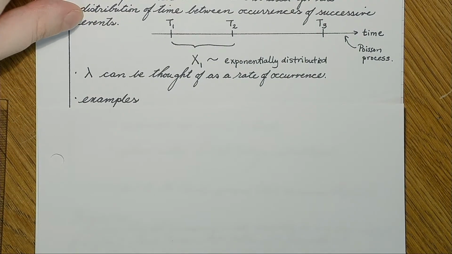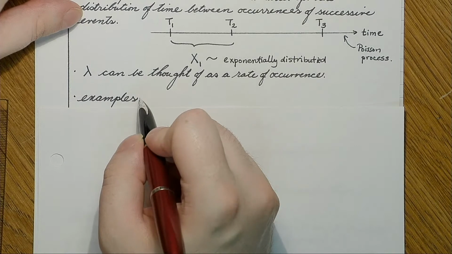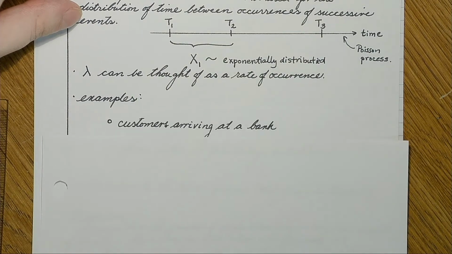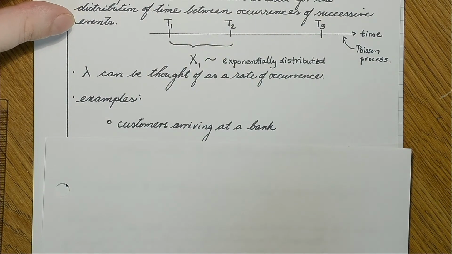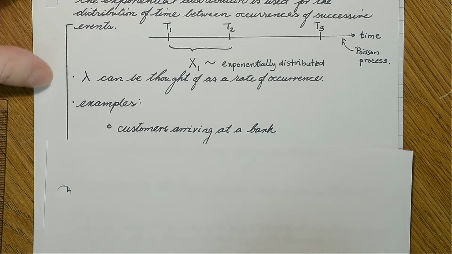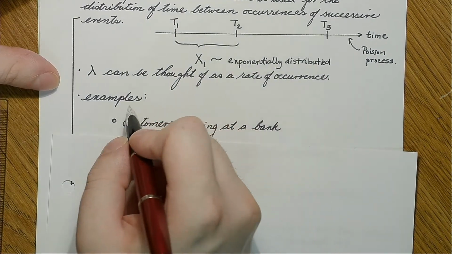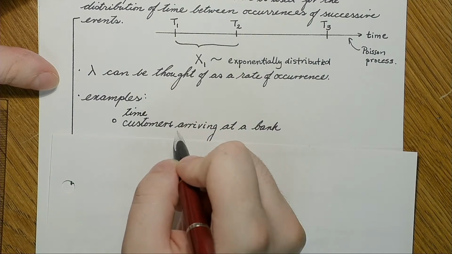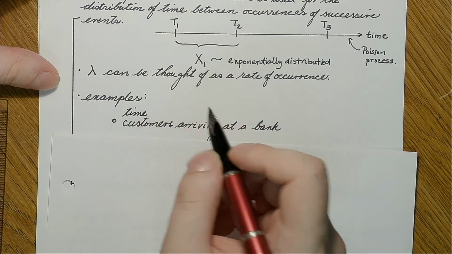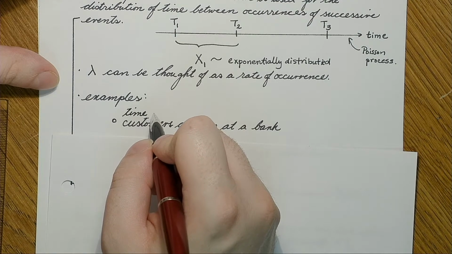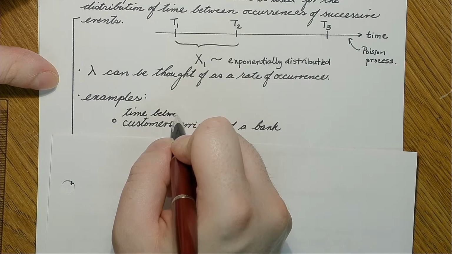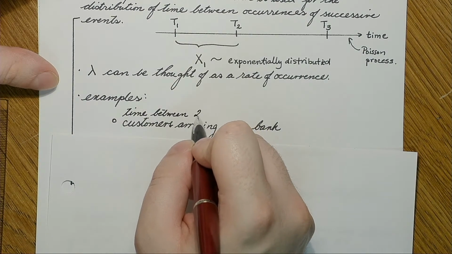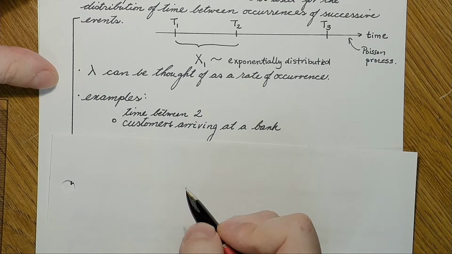Okay, here are some examples for using that exponential distribution. Again, customers arriving at a bank, and I would say time, so the time between 2 customers arriving at a bank.